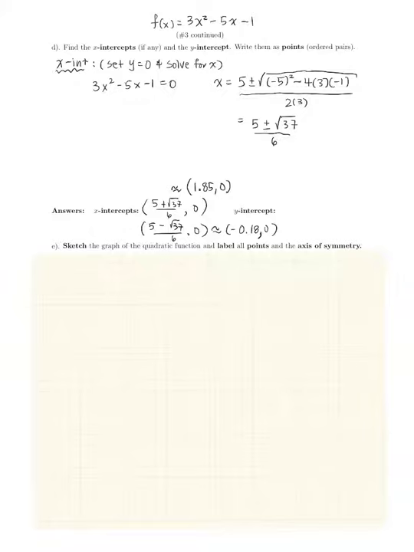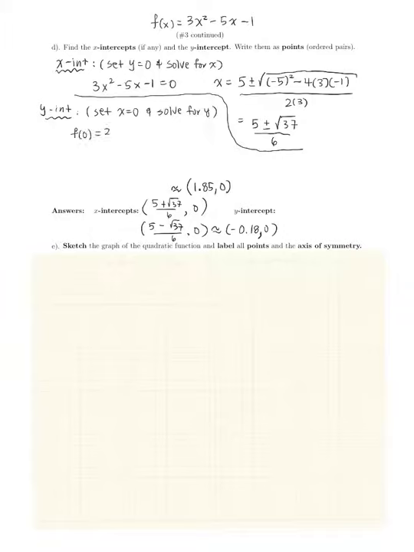All right, now let's go with the y-intercept. How do you find the y-intercept? You set x equal to 0 and solve for y. That's the same thing as computing f of 0.